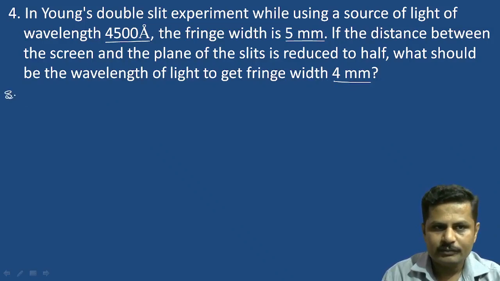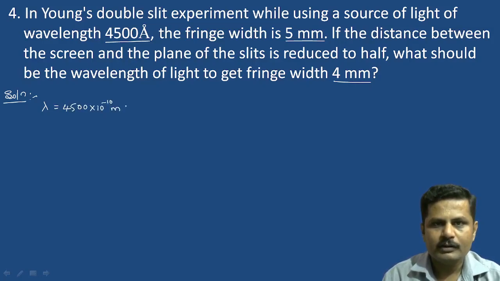Here we have a source of light of wavelength 4500. Let me take lambda equals 4500 angstrom, that is 10 to the power minus 10 meter, and the fringe width is beta.